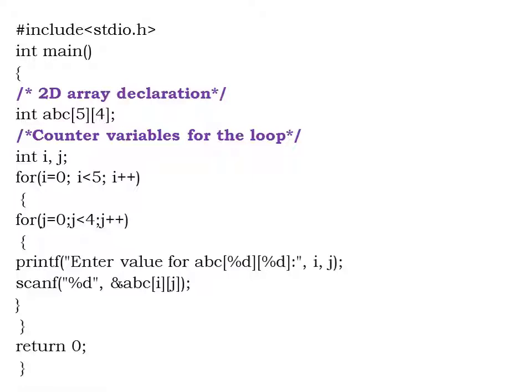Now i value is 0, j value is 1, and then we read the next element which is stored at location 0, 1. Then once again we enter the loop. So j value now is 2, 2 is less than 4. We enter the for loop. I read the value of 0, 2, and the third element is stored.